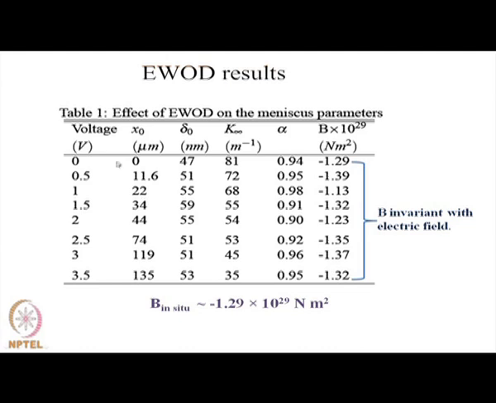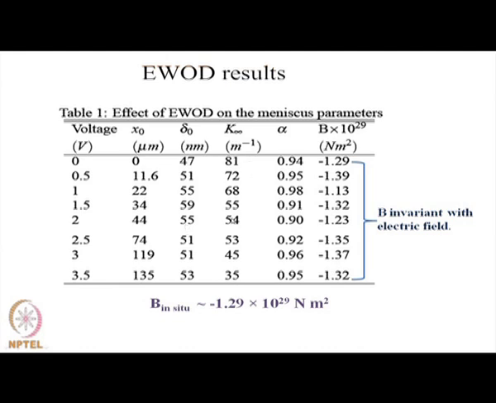So, these are some of the results which I would like to point out. This is the voltage and this is the amount of advancement of the thin film due to the application of voltage, and as this increases, you can see delta 0 also increases. So, when the film moves forward, the value of delta 0 increases.